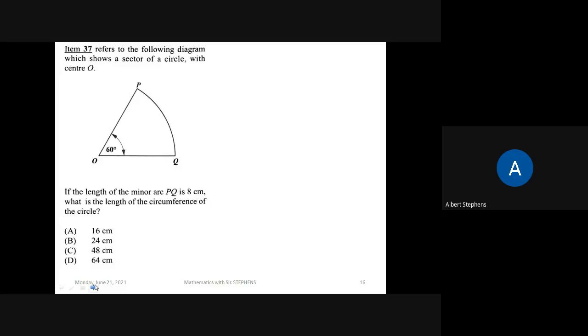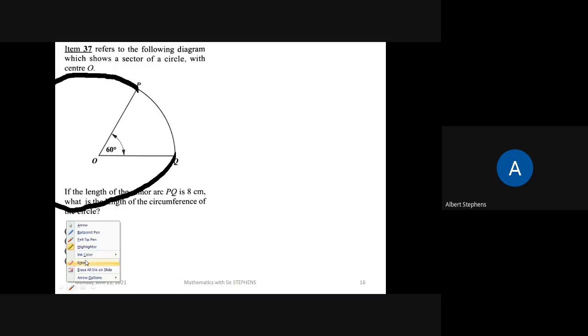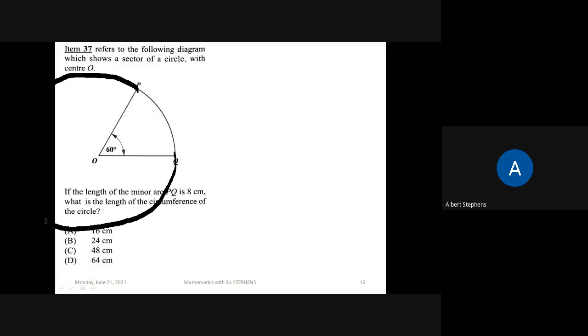All right, so this one is talking about the length of the circumference of the circle. So basically, this is the sector of a circle. So this is part of a circle, and then you have the rest of the circle. They don't want the entire circle.